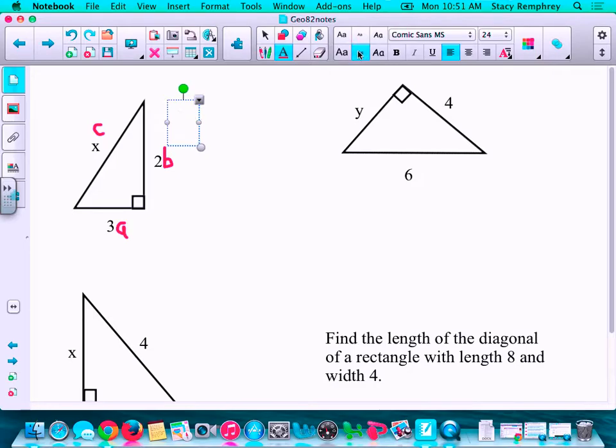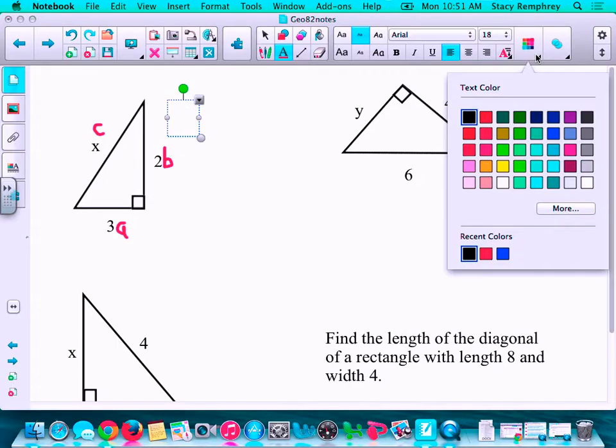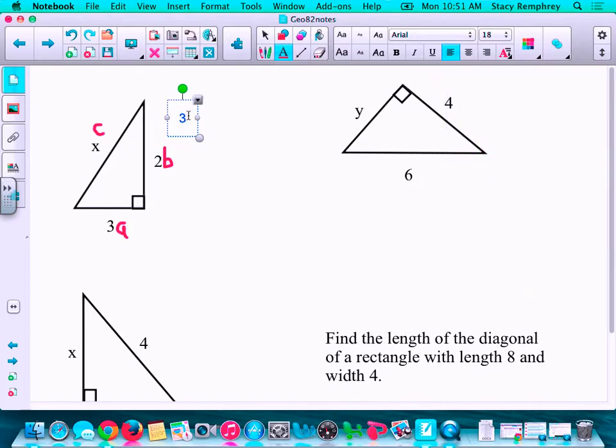So we'll have 3 squared plus 2 squared equals C squared. Then you need to just follow your order of operations.